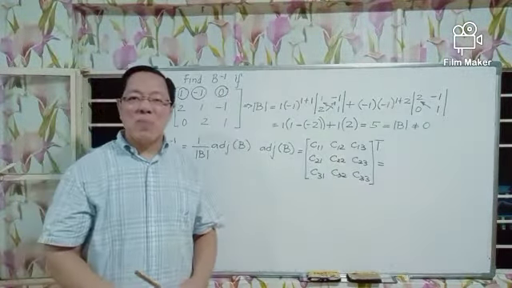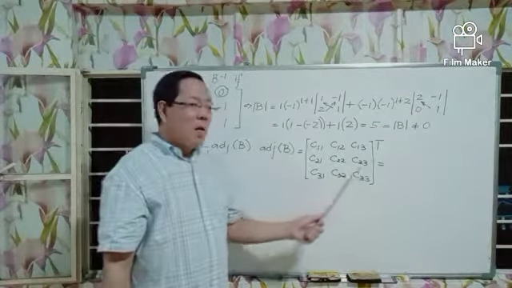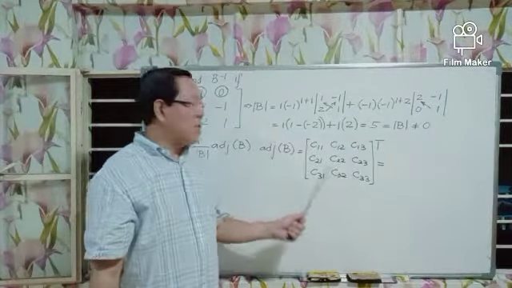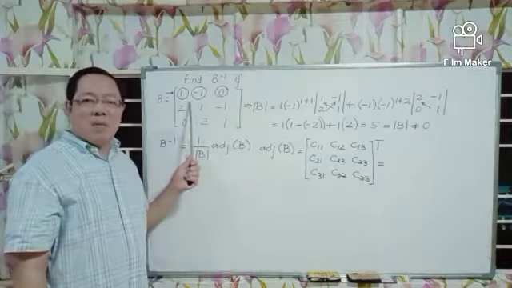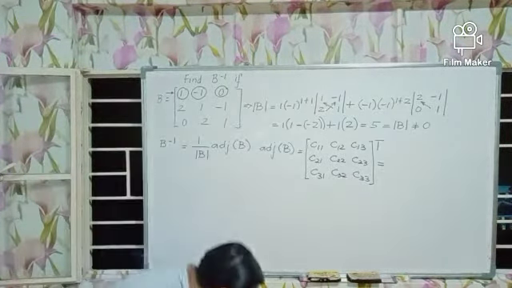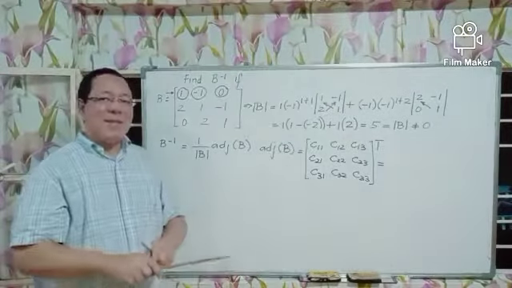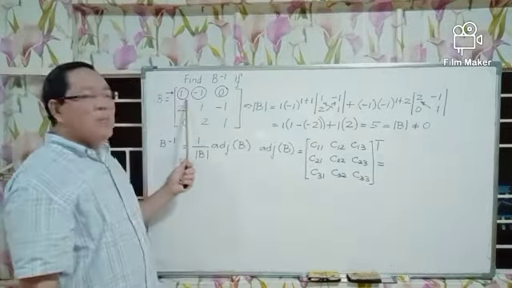And by definition of adjoint of matrix, the adjoint of matrix B is the transpose of the matrix whose entries are the cofactors of the entries of the given matrix B. So C sub 1, 1 is the cofactor of 1.